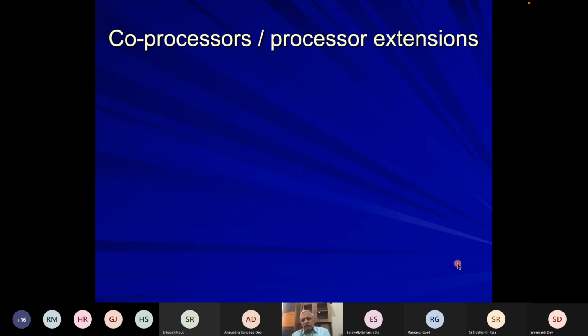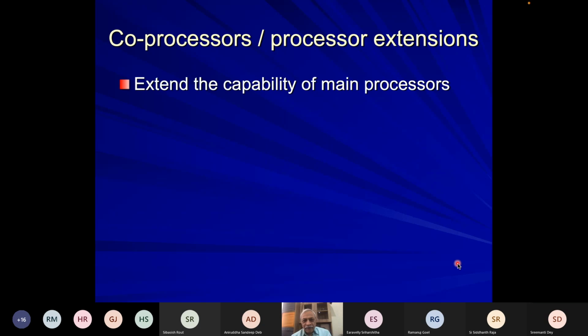Now, these floating point operations are done by a separate piece of hardware, which is typically called a coprocessor. Coprocessors in general are extensions to the processors. They add to the capability of the processor and make the design more modular.